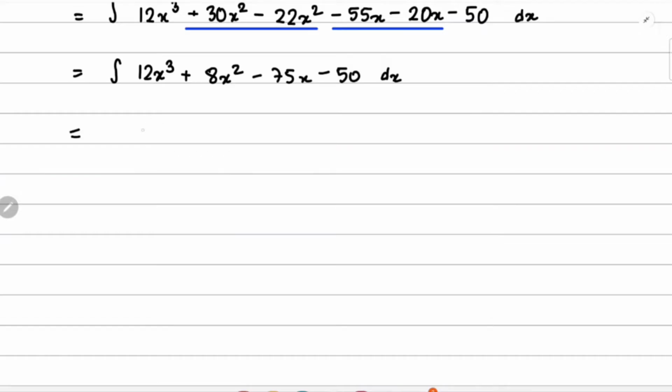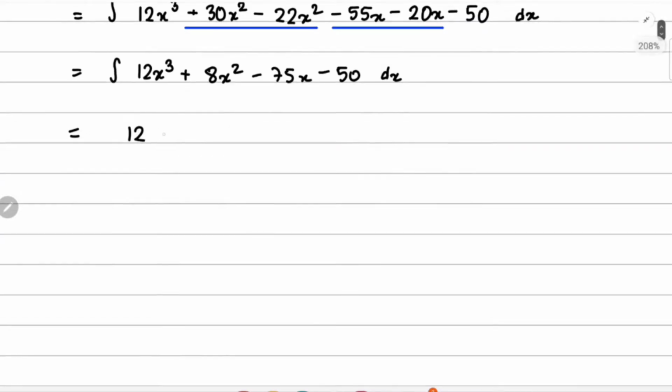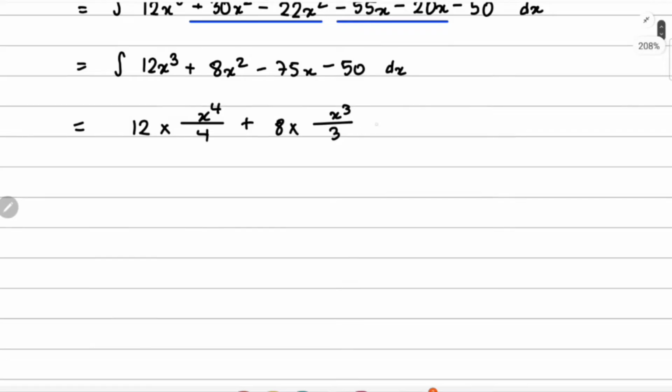You'll have 12 into x to the power 4 by 4, plus 8 into x cubed by 3, minus 75 x squared by 2, minus 50x plus c.